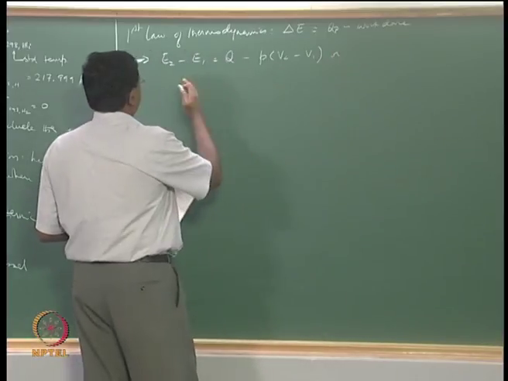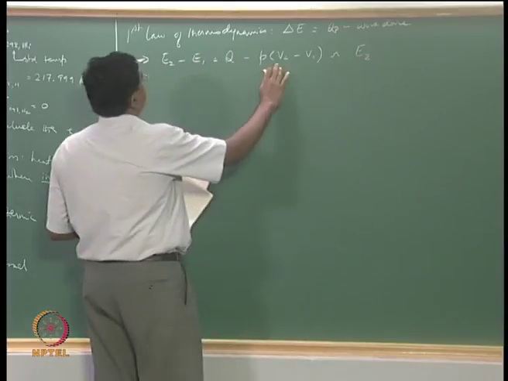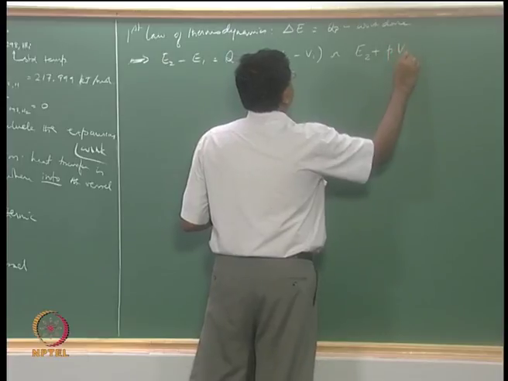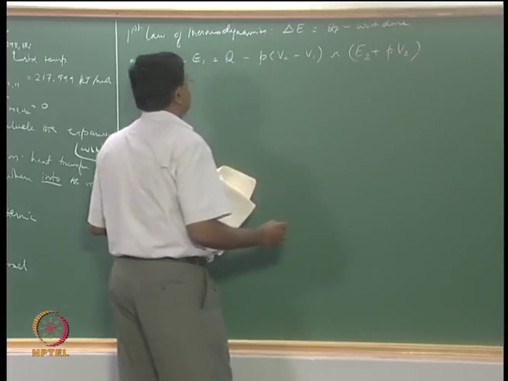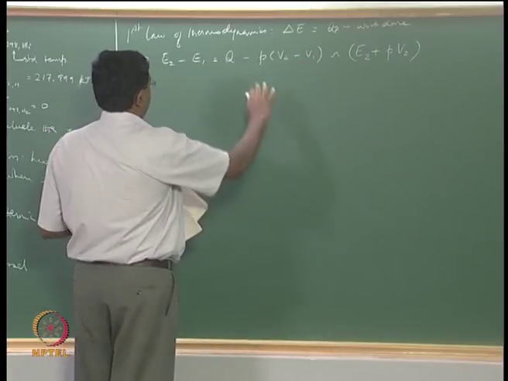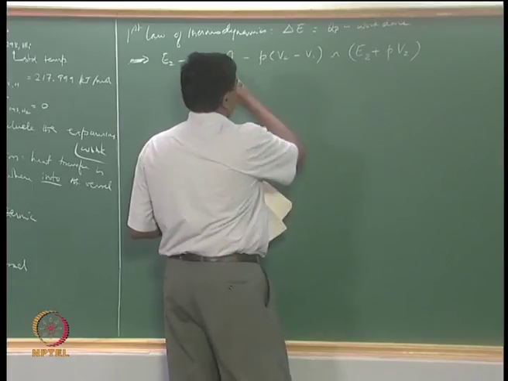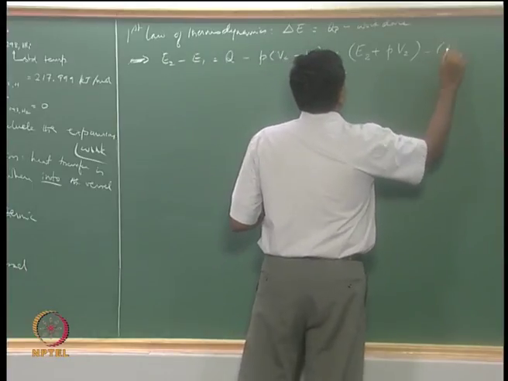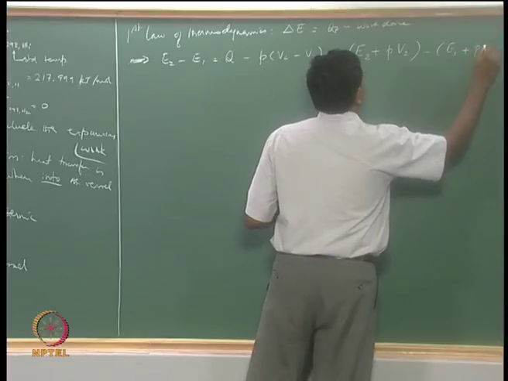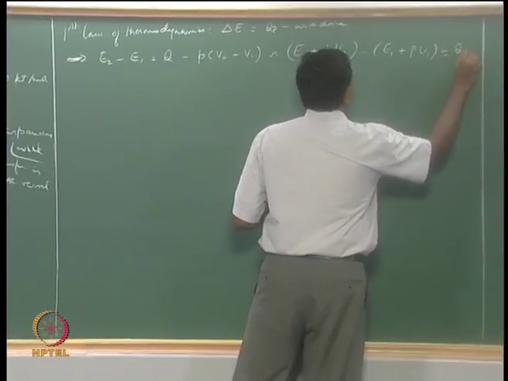You can also rearrange things. So you can say E2, take this PV2 to the left hand side, so it becomes plus PV2, and then you have a minus of minus PV1, so you have a plus PV1 on the right hand side, which can be taken to the left hand side and grouped with E1 with a negative sign, that's equal to QP.